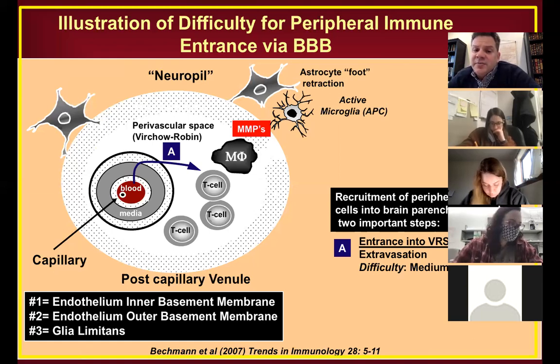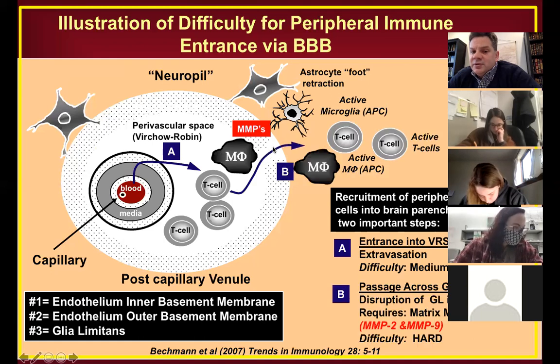It's those perivascular macrophages that do. All right. So within this interaction here, if you have immune cells coming in for a reason, these macrophages will be activated. They'll dissolve this glia limitans. And then you can get these cells into the brain parenchyma. You can get T cells, you can get macrophages, you can get B cells once you sort of complete this process. So really a two-stage process.